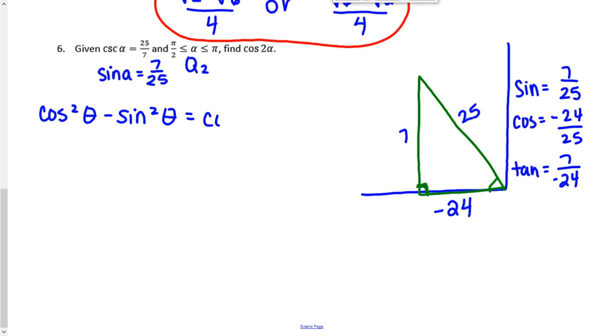And again, you see here, we'll do A's instead so that we're being consistent with the problem. So what did we say the cosine was? Negative 24 over 25. And what sine? 7 over 25.